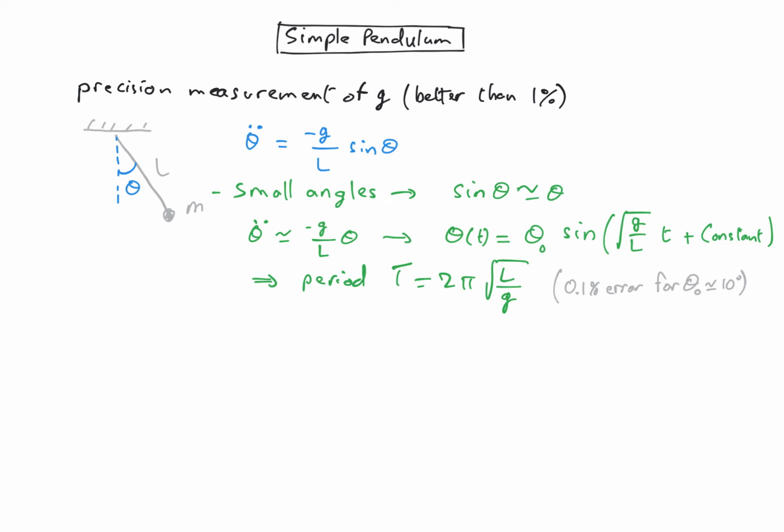In general, if we want to probe the oscillation of the pendulum for larger angle theta larger than 10 degrees, we need to include corrections in the expression for the period, which will account for theta 0 itself. And these corrections can be found from this equation and lead to a period which up to second order in theta 0 can be expressed as.